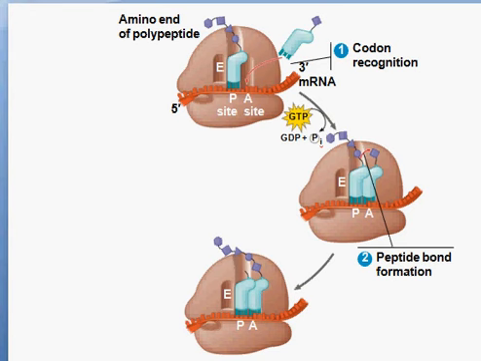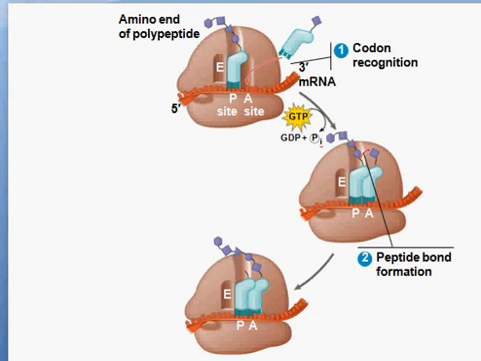During elongation, amino acids are being added one by one to the C terminus of the growing chain. And each addition involves proteins called elongation factors. So we have codon recognition, peptide bond formation, and then translocation. These are the three steps in elongation of the polypeptide.